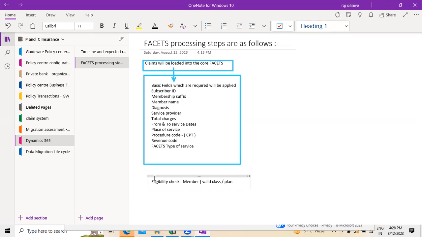It can be Medicare, it can be Medicaid. Again, in Medicare they may come under A, B, C, and D, sometimes A and B, because A and B relate to inpatient and outpatient services. That also will be mentioned here: valid classes, and a valid class or plan has to be mentioned. At the same time, we have to mention the member eligibility.